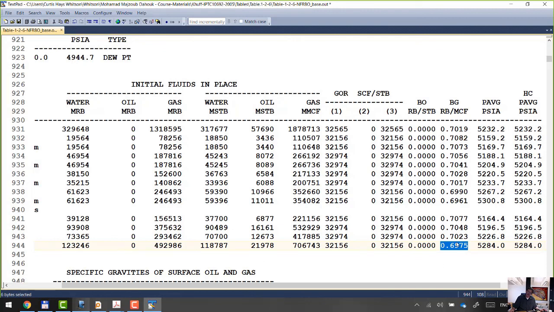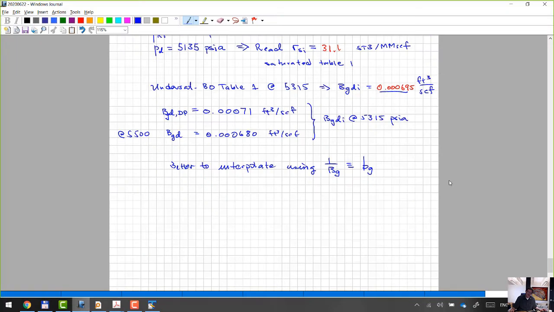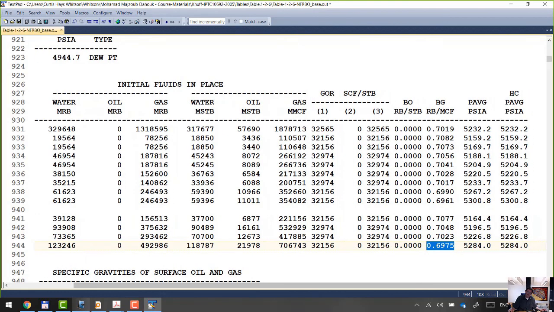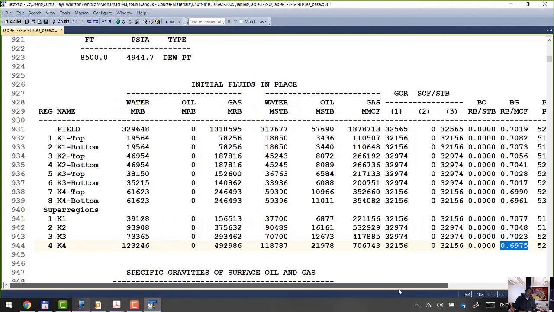Now, what I'm a little bit curious about is the initial pressure 5315 is not here. Maybe the model wasn't initialized at that pressure.